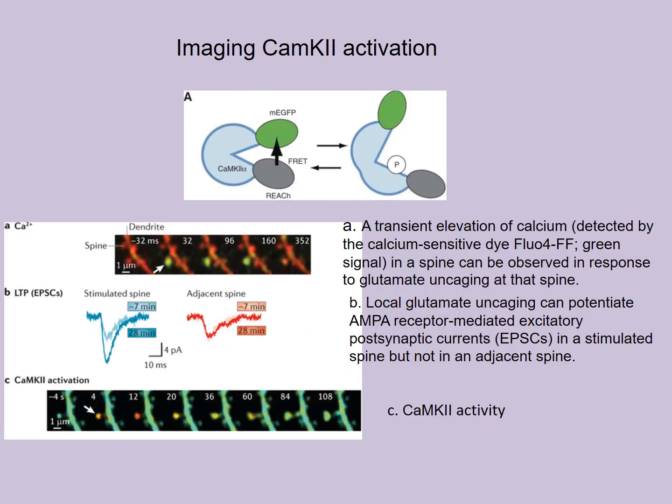Now, what I also wanted to talk about very briefly here is one of the experimental systems by which you can image CAM kinase activation, because this is really a beautiful FRET system in which you can express the transgenic protein, CAM kinase 2, or you can make it a knockin, in which you will use a FRET system to be able to follow activation. So normally CAM kinase is folded, these subunits are close to each other when it's inactive, so you will have FRET.